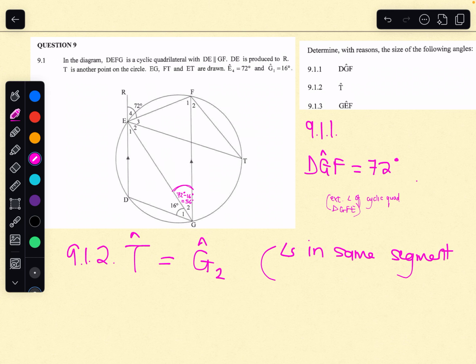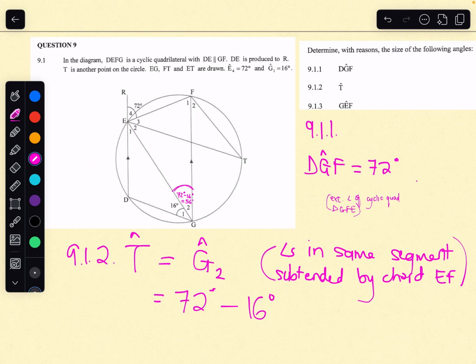Don't really have to say which chord is subtending them, but subtended by chord EF. At least if you're clear, your examiner can see where you were trying to go. So 72 degrees minus 16 degrees, which is 56 degrees.